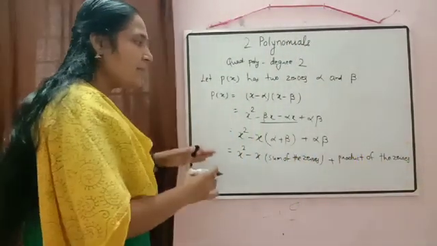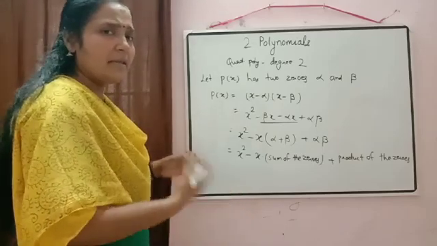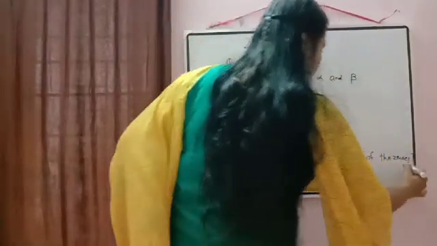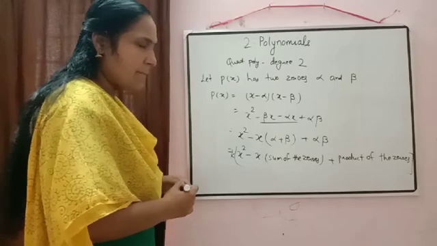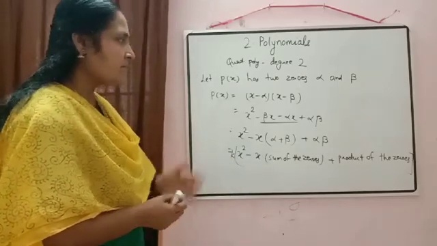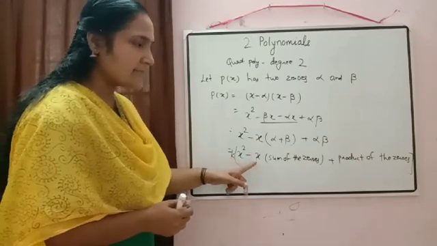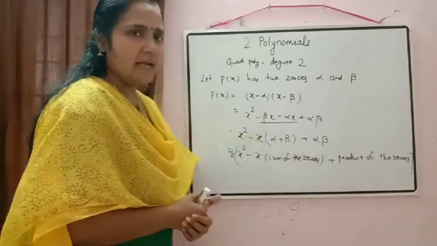If you multiply the polynomial p of x by any constant number, the zeros will not be affected. So for our convenience we write k here, and the value of k we will take according to the question, to avoid fractions. So p of x is equal to k into x square minus x into the sum of the zeros plus the product of the zeros.